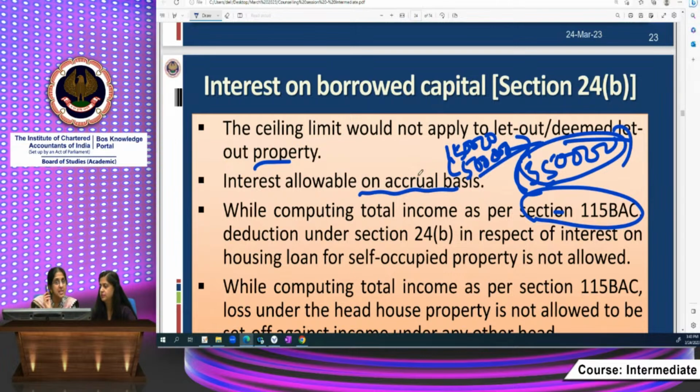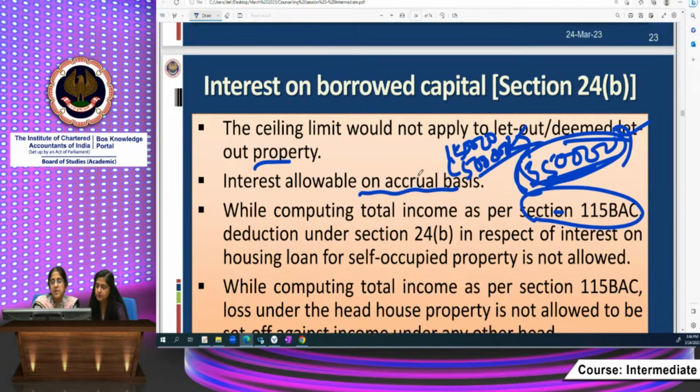But if I am opting for 115BAC, though I'm allowed the 5 lakh deduction in full, 3,50,000 is my loss, but I cannot set off even 1 rupee of loss against any other head of income. Under the normal provisions, 2 lakh is permissible. Under 115BAC, nothing is permissible. 3,50,000 I have to carry forward to the subsequent year for setting off against my income from house property.